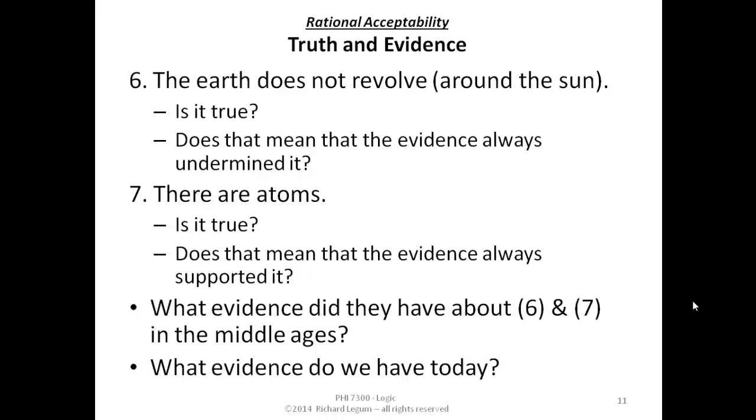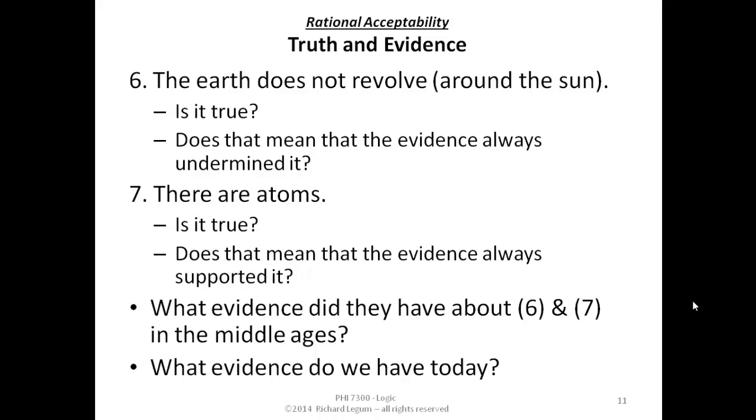So notice, truth and evidence are sometimes, not all the time, but sometimes divergent. Sometimes we have good evidence for certain beliefs, and they end up not being true. And sometimes we don't have any good evidence. In fact, all of our evidence goes against a certain claim, only for us to discover that it is true.